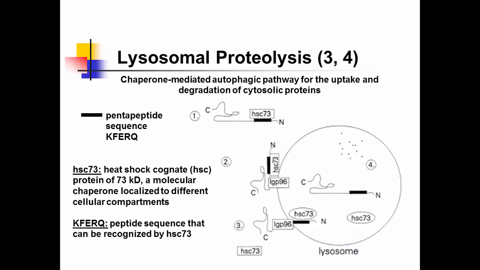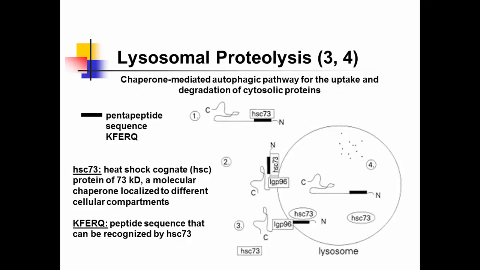Okay, so I think this diagram gives us a better idea of how these pathways occur. First of all, this represents the protein, the C-terminal, the N-terminal, and the pentapeptide sequence.